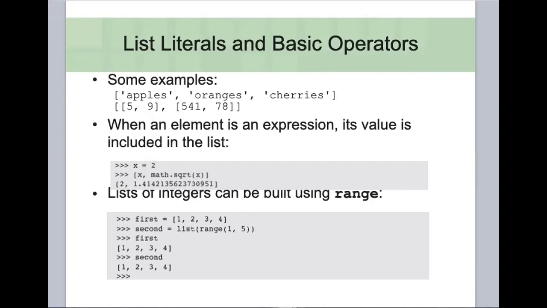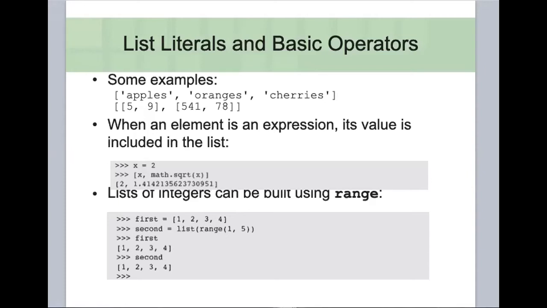So you can see here, we have the math package, and let's say x is assigned the value of 2, then the result is the square root of that particular x value of 2.